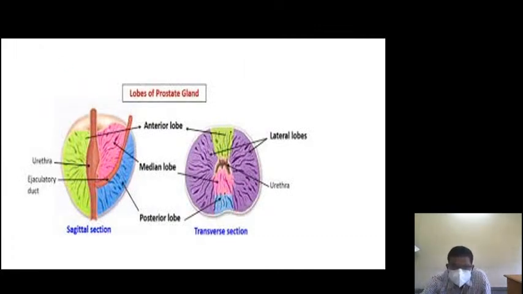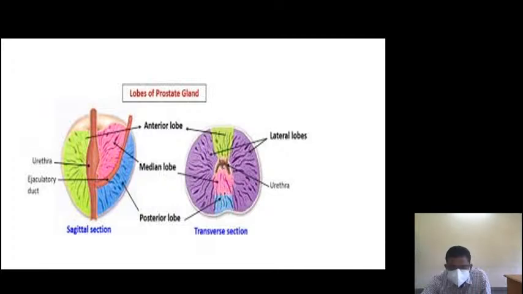So if you take this picture, you can see this purple one is one side, and on either side 2 are there, right? So these are nothing but the lateral lobes, and also you can see a light green colored shaded part which is the anterior lobe of the prostate, and now you can see the urethral opening along with this surrounding tissue.